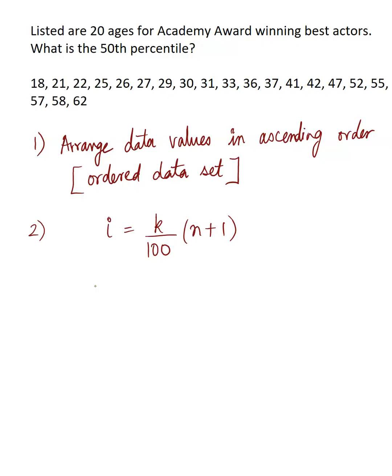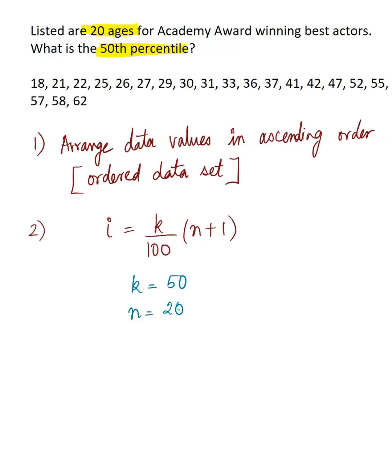Because the problem says the 50th percentile, that is your K, because K stands for the percentile. So K is 50. And N is the total number of data values. We're given that there are 20 ages, but you can also count them to make sure. So N is 20.